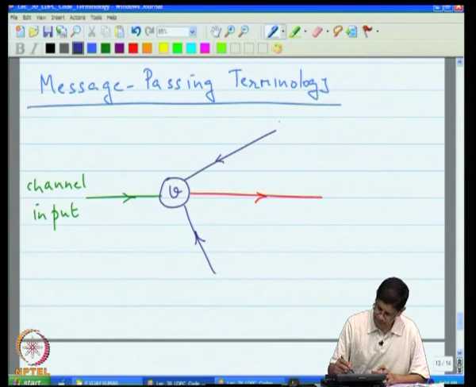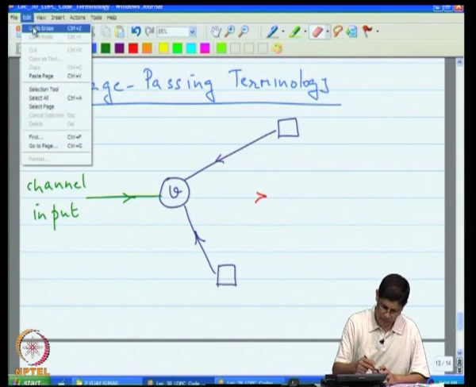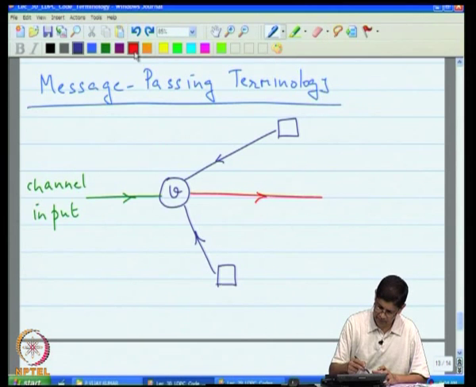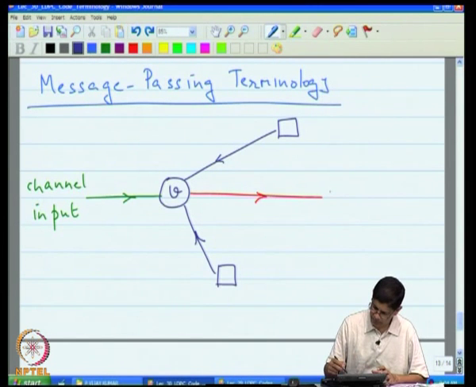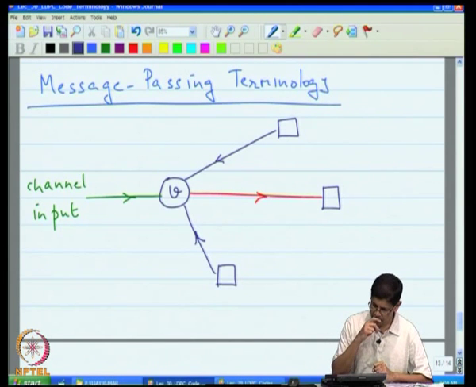So, somewhere over here there is a parity node, and the message that is going back is also going back to a parity node. Okay.